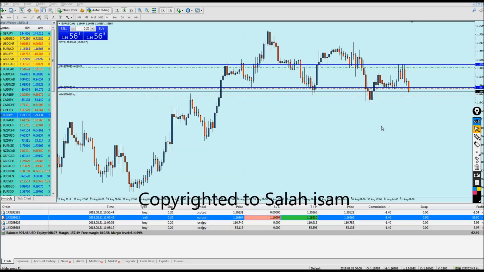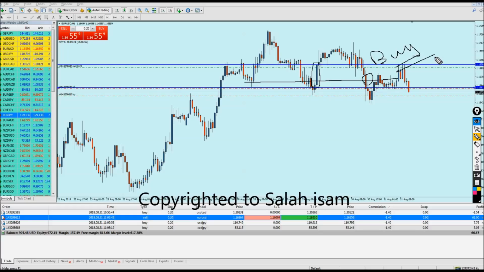On EUR/USD now, it is a perfect example to explain to you the reason why this doesn't work all the time. For example, we see here this long green candle, and you are assuming that after this green candle, look at the nearest support. Now I can place a buy here, right?